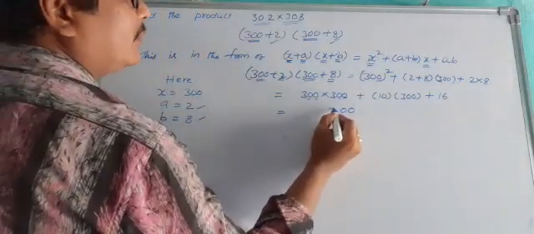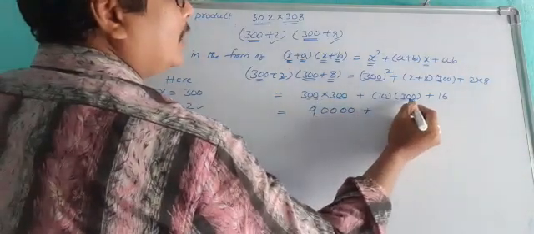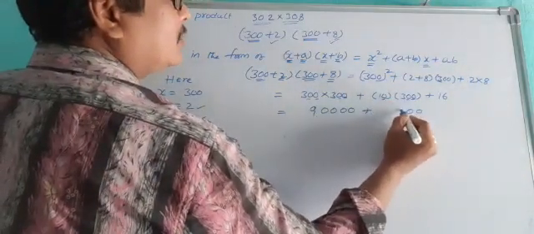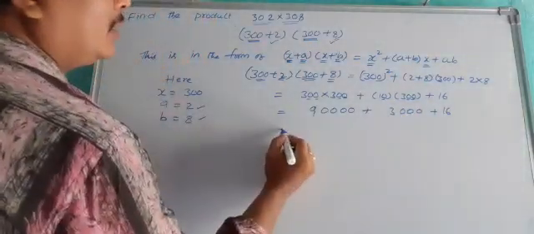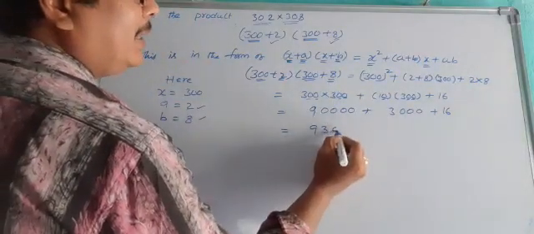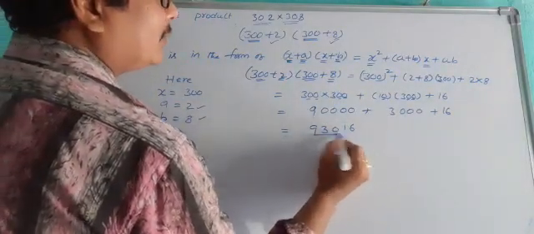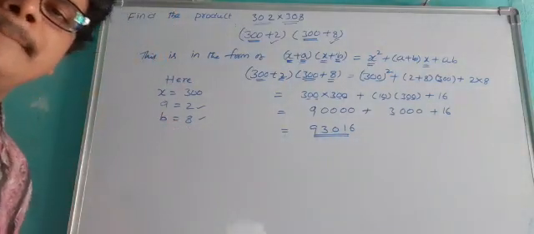You write 4 zeros first. 3 3s are 9. Plus 1, 2, 3 zeros, you write 3 zeros, 3 1s are 3. Plus 16. Totally, 93,016 is the answer.